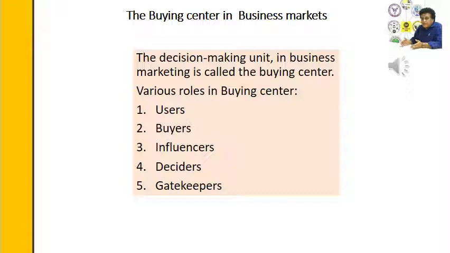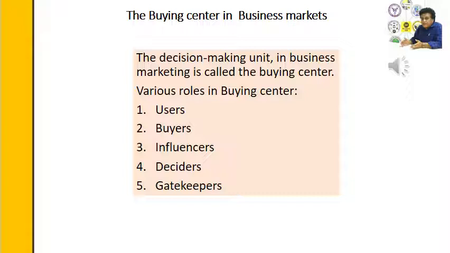Then there are some gatekeepers. Gatekeepers are the people who can allow your entry or who can disallow your entry. They could be some influential group which may be actually a part of an informal group also. Maybe it is somebody from the audit, or maybe somebody who is not a part of the decider group, but who can play a key role in telling the decider group whether you should buy it or not.